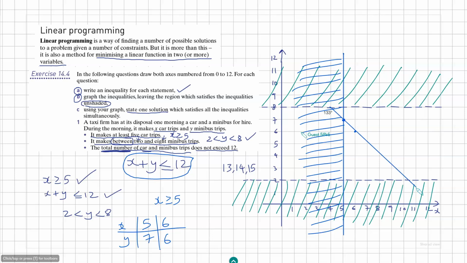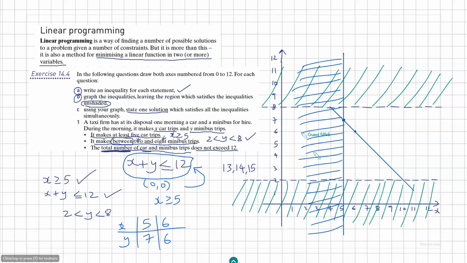Is this clear? So that's your line. Now x plus y should be less than or equal to 12. So can you tell me, is 0, 0 part of this solution? Does 0, 0 satisfy this inequality?